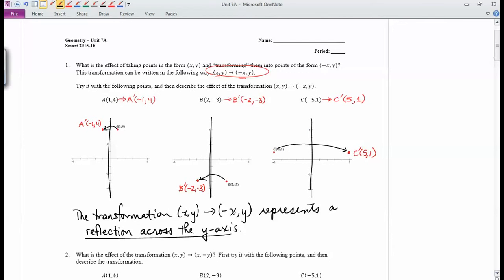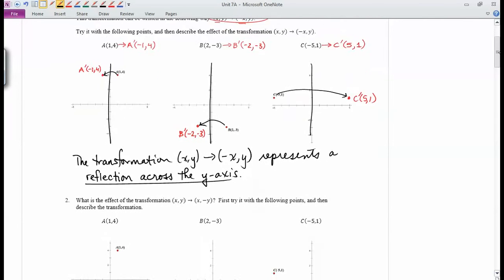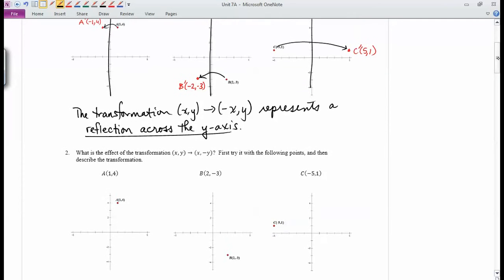Okay, so let's look at 2. So 2 is going to be another type of transformation, and this one's almost the same, but instead of making the x negative, the y changes sign. So if we apply these to the same points that we used before, A prime now, the x stays the same, but the y changes sign. B prime, the x stays the same, but the y changes sign, so now it's positive 3.